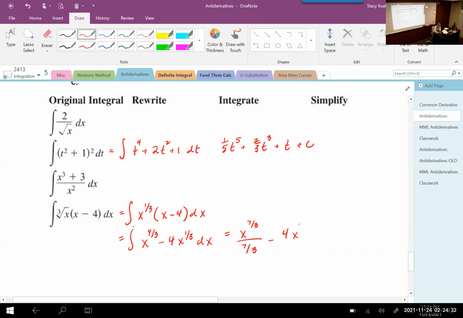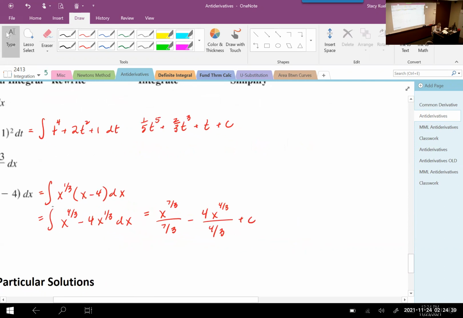So x to the 4/3 over 4/3 plus c, or 3/7 x to the 7/3 minus 3x to the 4/3 plus c.